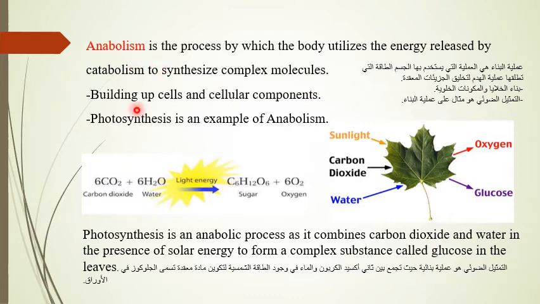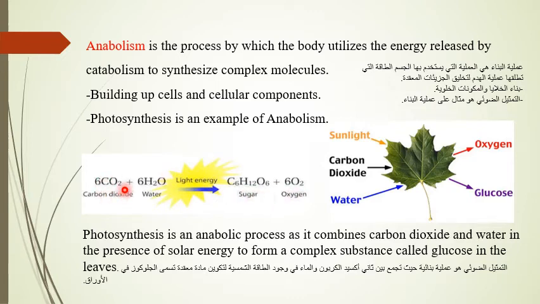An example of anabolism is photosynthesis. As we see in this figure, the plants use carbon dioxide and water and absorb light energy to build sugar and release oxygen.